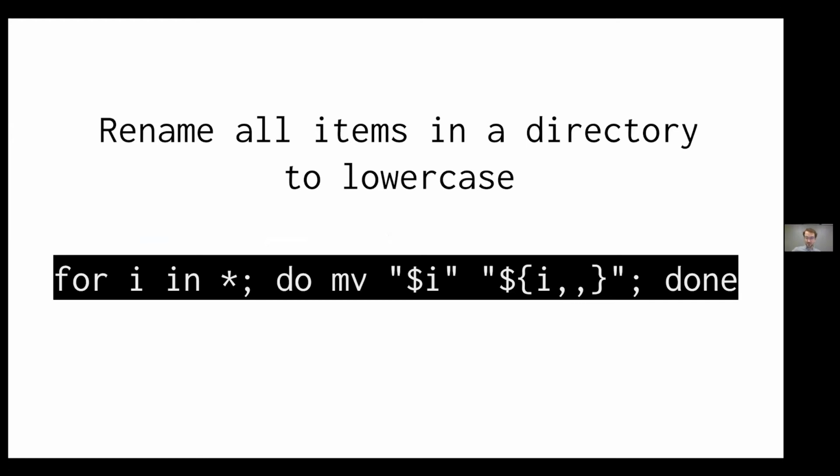Now, this is an example of just using looping options, the looping commands that are available in the command prompt realm. So you can see, if you copied this whole line and executed it at a command prompt, it would take every item inside of the folder you're currently in and rename it so that it's all lowercase.